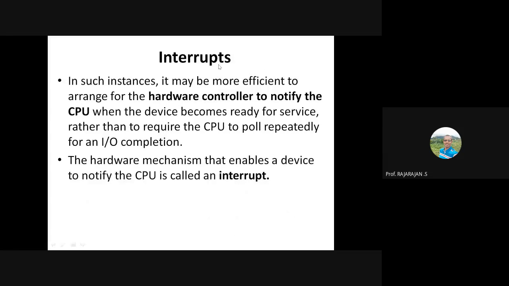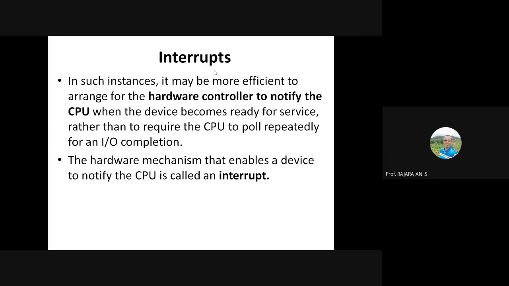So what happens is that now interrupts have been introduced into the system. The processor need not wait for anything. There will be interrupts made between the devices. So the CPU can interrupt the controller, the controller can interrupt the device, and so on. Across, anybody can interrupt anybody.